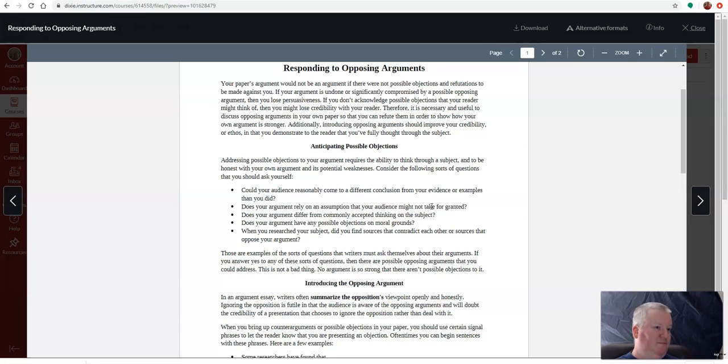Another objection would be that teenagers, or underage people, will have more access to using marijuana, or they'll use it at a greater rate. Okay, so I would anticipate those objections.